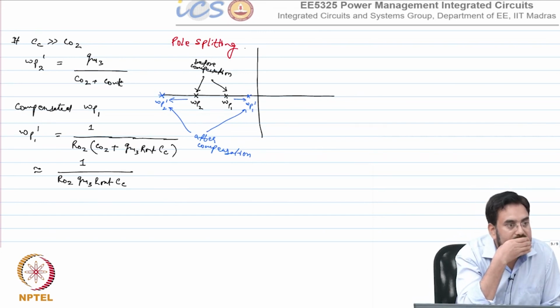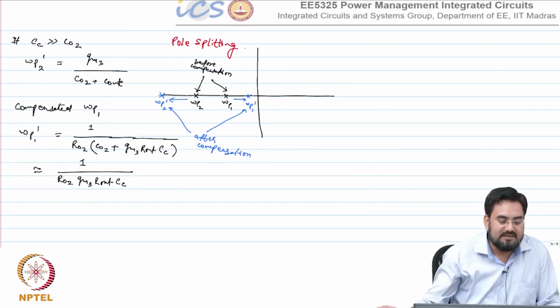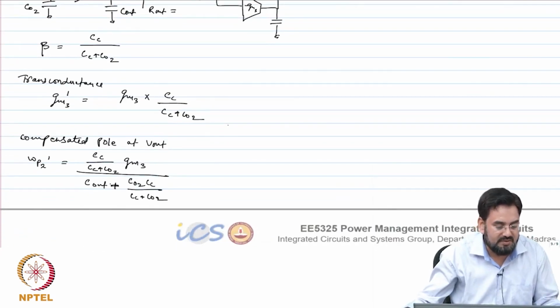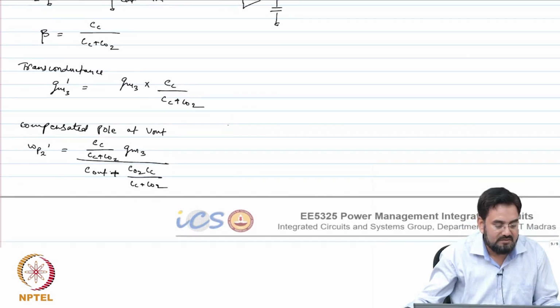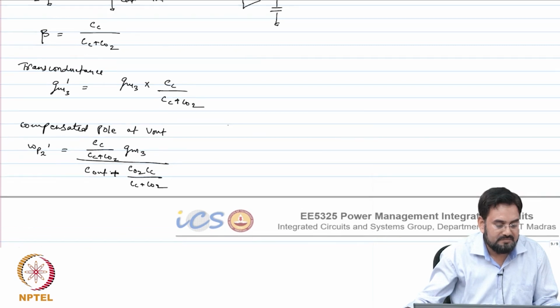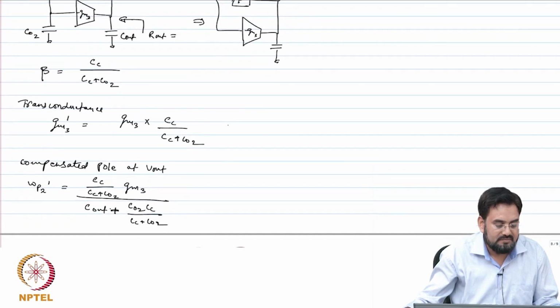While calculating the compensated omega P1, we took the resistance to be 1 by Gm3 dash. So shouldn't it be in parallel with RF? Yeah, it will be. Which one are you talking about? Omega P2 dash. This complete 1 by Gm3 dash in parallel with RF. Shouldn't we be using that?